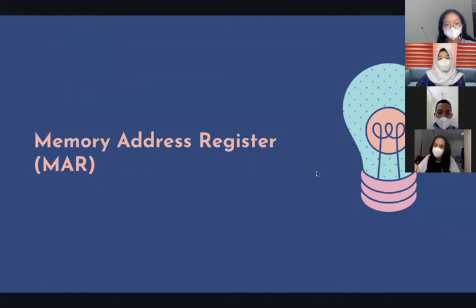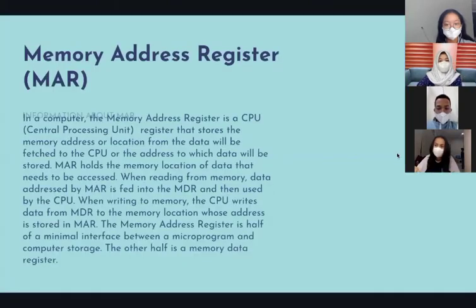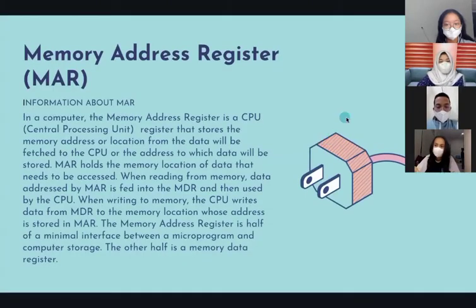So the next one is memory address register, or we call it MAR. So information about MAR: in a computer, the memory address register is a CPU or central processing unit register that stores the memory address or location from the data will be fed to the CPU or the address to which data will be stored.